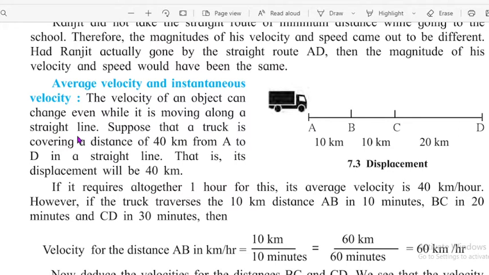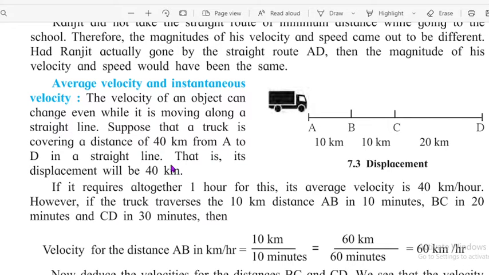Suppose that a truck is covering a distance of 40 km from A to D. From point A to point D, it covers 20 plus 10 plus 10, 40 km in a straight line. That is, its displacement will be 40 km.